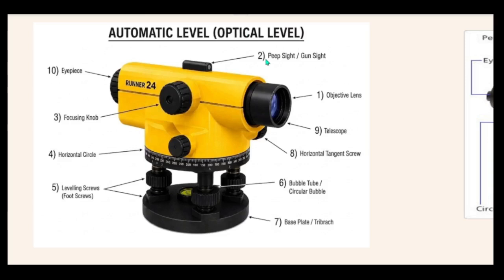The dumpy level is a leveling instrument which helps to align elevations whenever you're using it. Humans can be wrong at times.